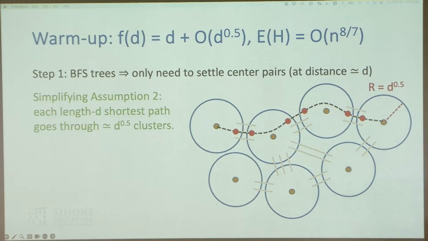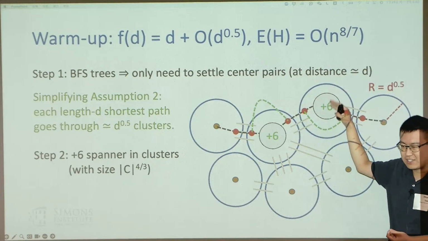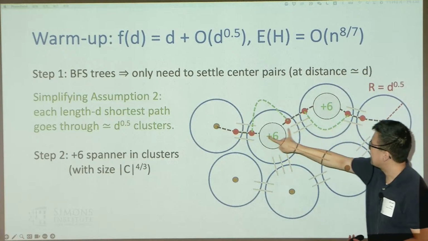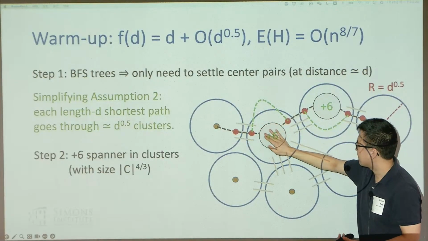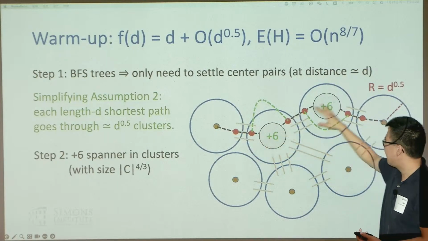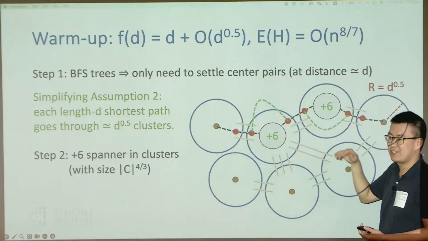And this is a thing we know how to do. We just plug in a +6 spanner within each cluster, so that if we look at the real shortest path and the entrance-exit pair, we know that this pair is preserved within error +6. Accumulatively, we have incurred at most square root of D times 6, which is O of square root of D.